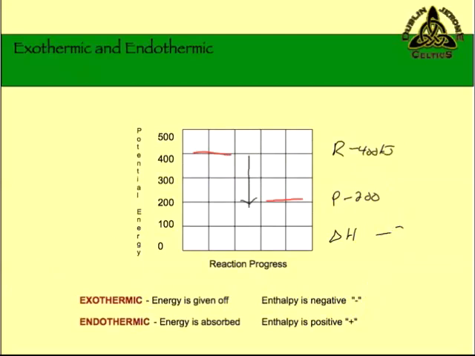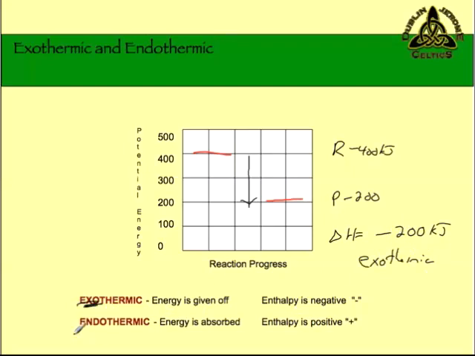The enthalpy is negative 200 kilojoules. If it's negative, that means it's giving off heat. Exo meaning giving off, exits, you leave. Heat is leaving. So there's a negative enthalpy. This is exothermic. Okay, any reaction that gives off heat is exothermic. It has a negative delta H value.